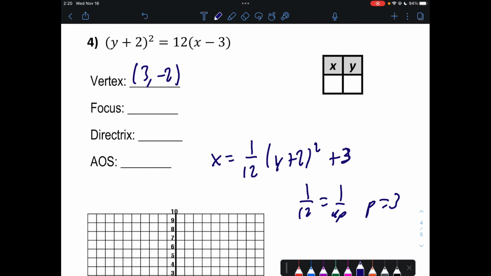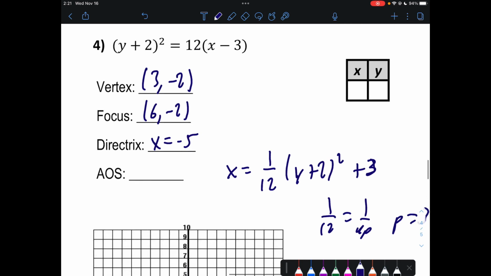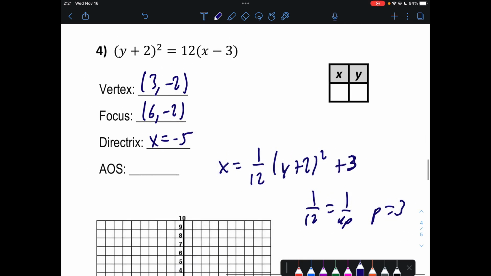So we're opening to the right here, so I'm going to move 3 to the right for my focus, 3 to the left for my directrix. That's supposed to be x equals, by the way. And then my axis of symmetry is y equals, that's the y coordinate, negative 2.